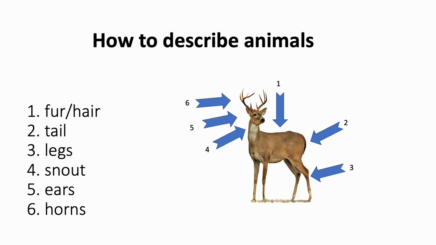That is pute. Number five are the ears, nakba. And number six, in this case, we're using this deer with horns, so we have to mention the horns. That is he.